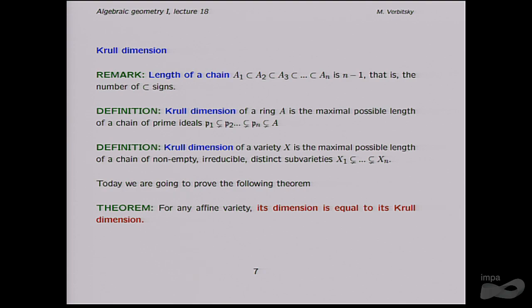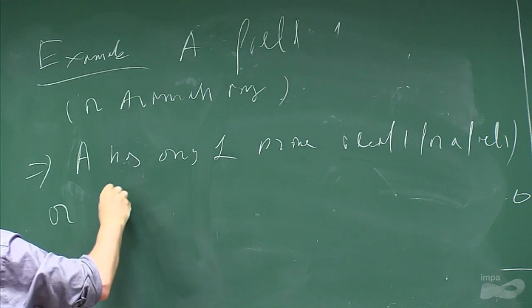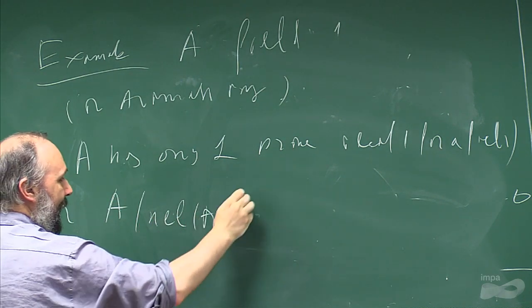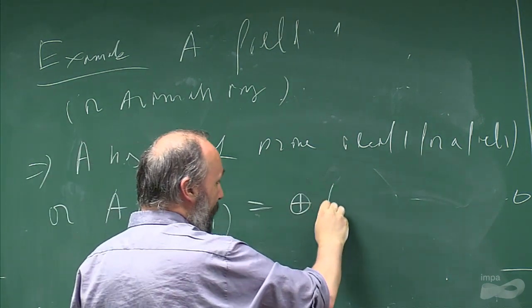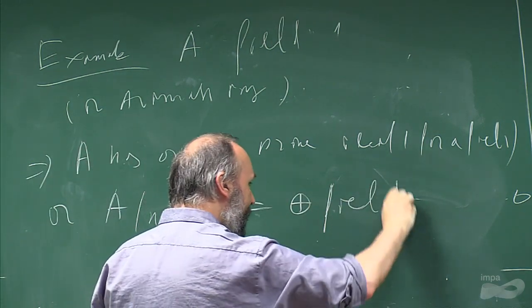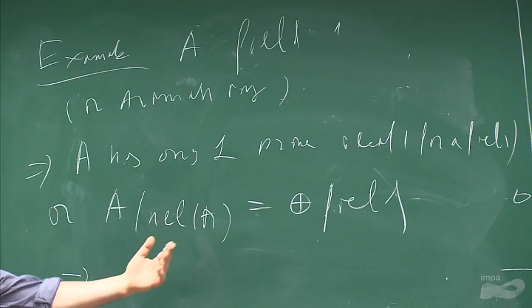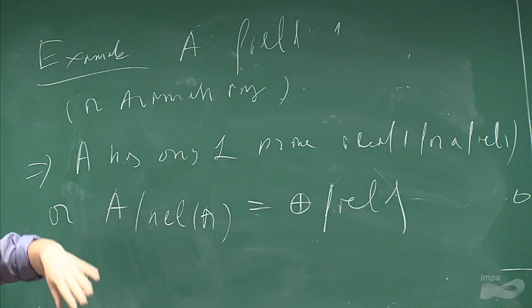Then A has only one prime ideal for a field, or A quotient by the nilradical is a direct sum of fields, and then it still has many ideals, but they're not embedded into each other.